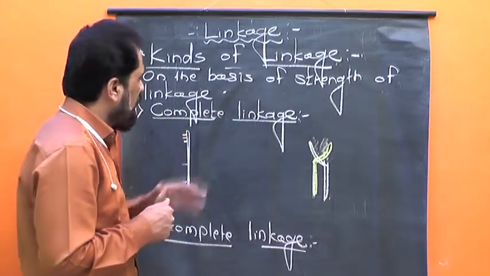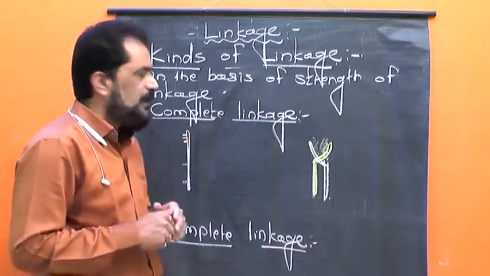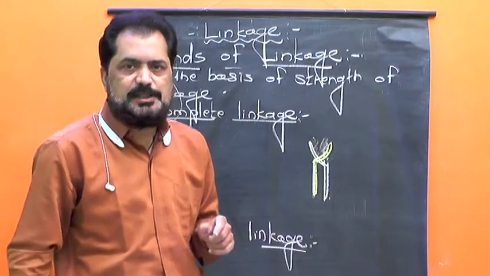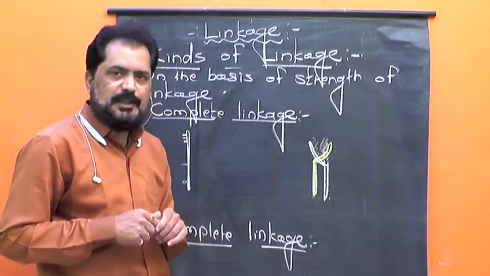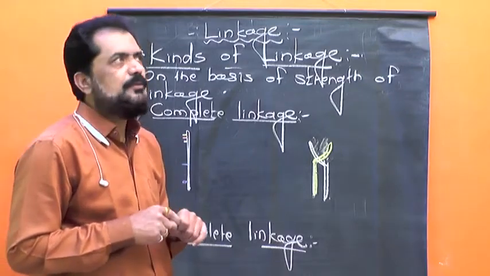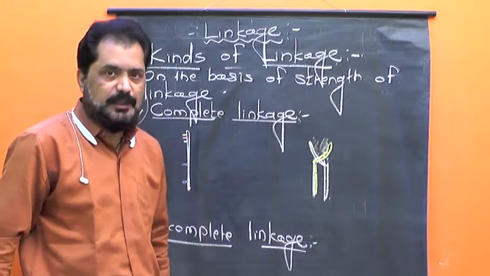Actually, we have to study about the example of complete linkage by considering the example of Drosophila and as well as of incomplete linkage concerned with the sweet pea plant, Lathyrus odoratus, scientific name.